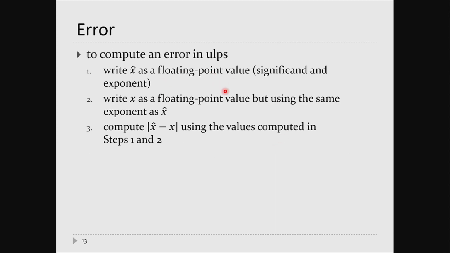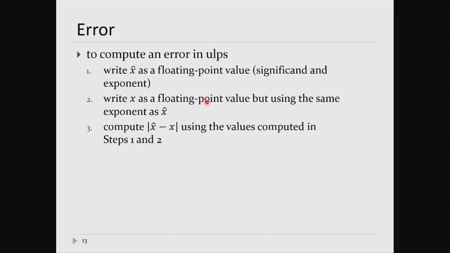Okay, now how do you compute these errors? The ULPs are defined based on your floating point type. So here I've got 3-digit significands. So when I write x hat, I have to write that as a 3-digit significand raised to some exponent. So I have to convert x hat into my floating point type.